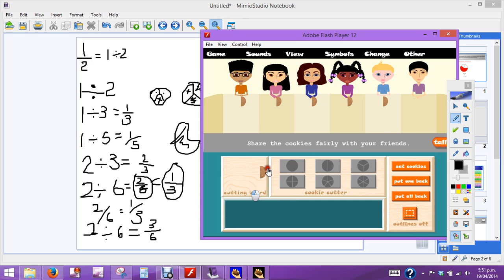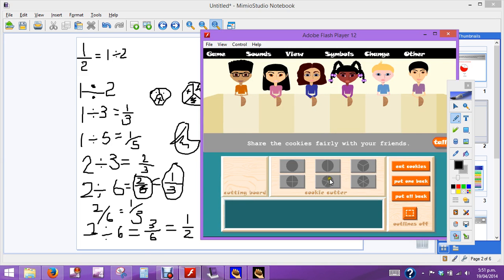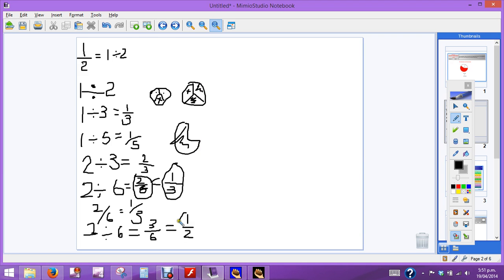Look at that. So 3/6 is the same as a half, as a division. Three parts out of 6. Which is a more refined answer, but they are the same. 3/6 and 1/2 is the same.